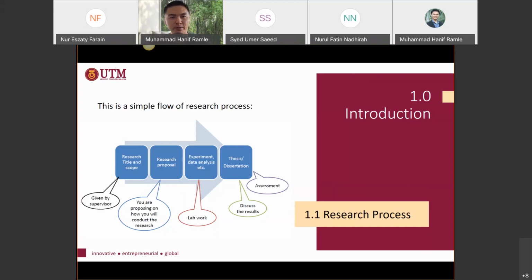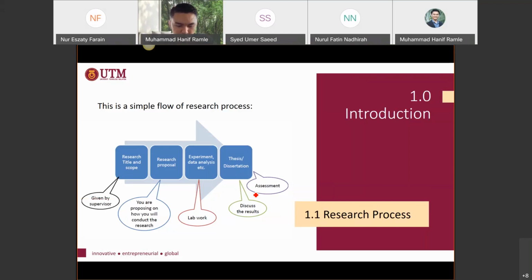From the research title, you have to prepare the proposal, of course, based on the title given and the scope that you will do later on. In the proposal, you will state your purpose, your plan, your scope, your methodology, and your expected results.